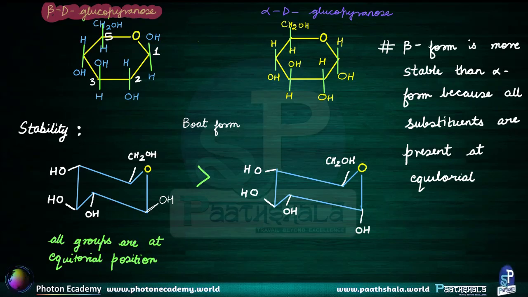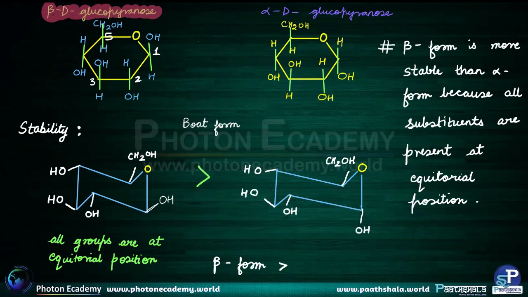So this is what I concluded, that since all the groups are at equatorial position, automatically my beta form is more stabilized than my alpha form.